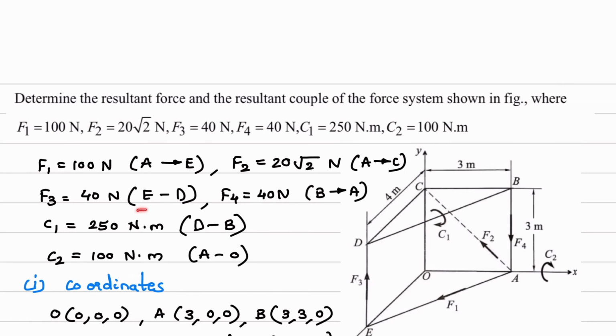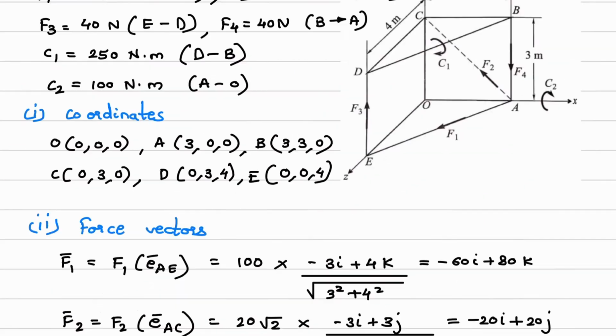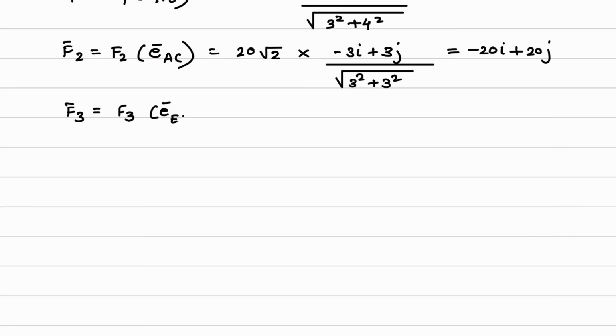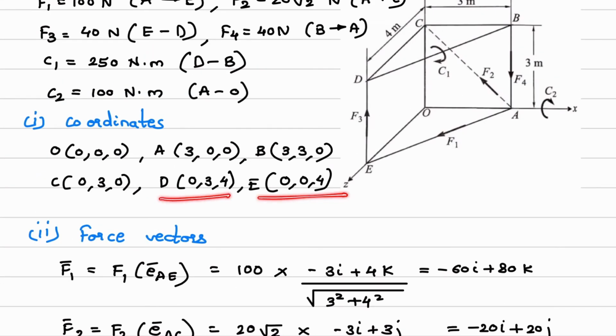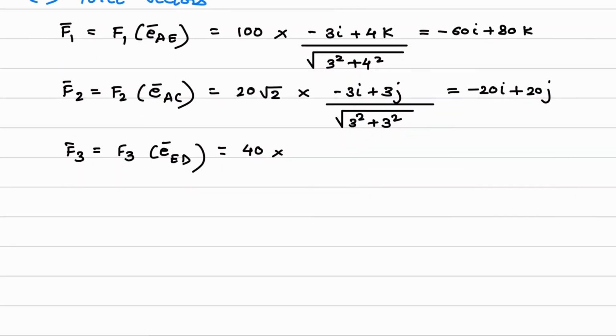It is from E to D. The F3 value is given in the question, 40, multiplied by D minus E. So i is 0, j is 3 minus 0, so 3j, and k is 4 minus 4, 0. So we'll have only j. So 3j divided by the square root of 3 squared, which is 3. So this will be 40j.